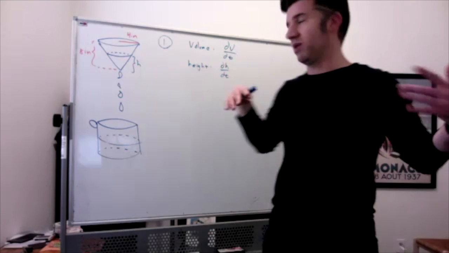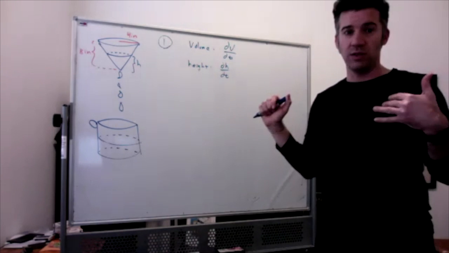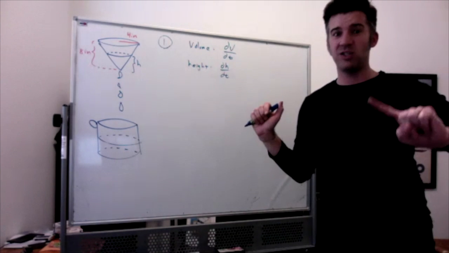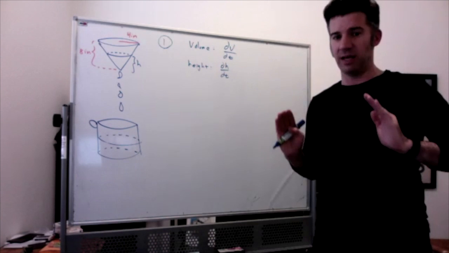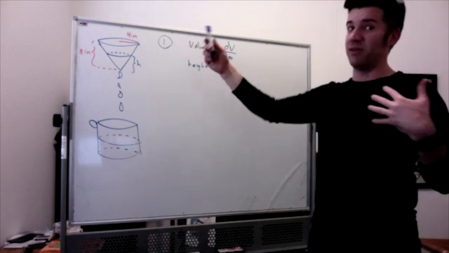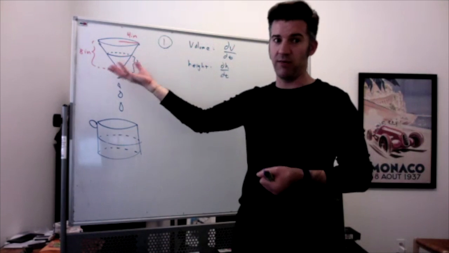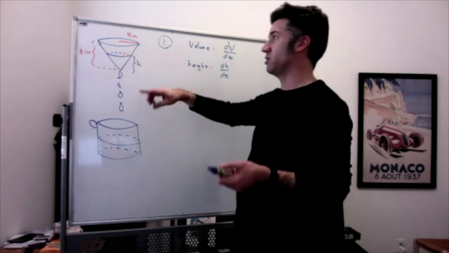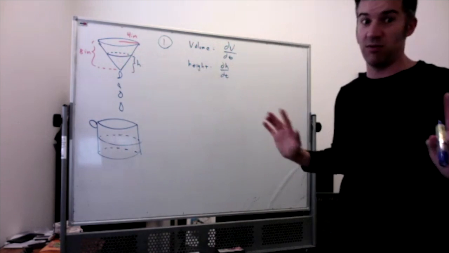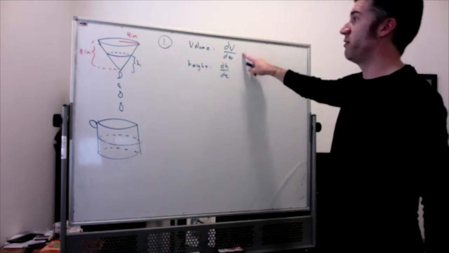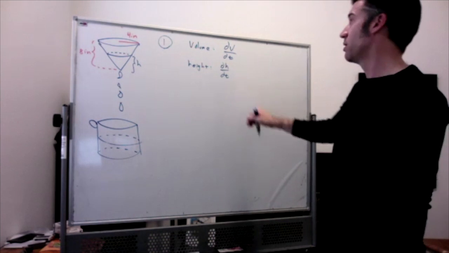When I ask myself what's changing, I'm really asking what have they told me is changing, and what do I want to know is changing? I'm blind to everything else. There are lots of other things changing, like its surface area, a whole slew of things we're not going to talk about. They told me how the volume's changing, and I want to know how the height's changing. Those are the things that matter to me.